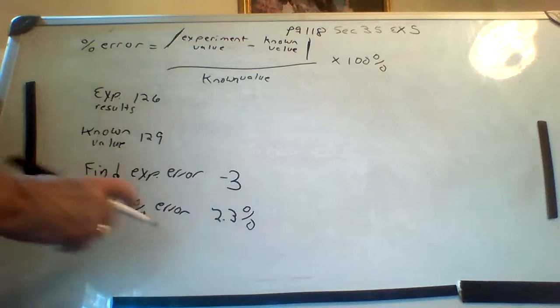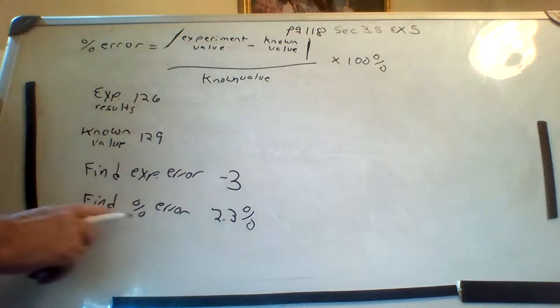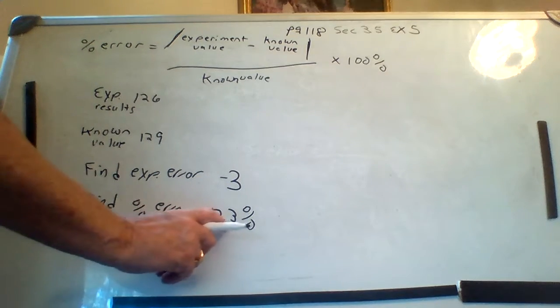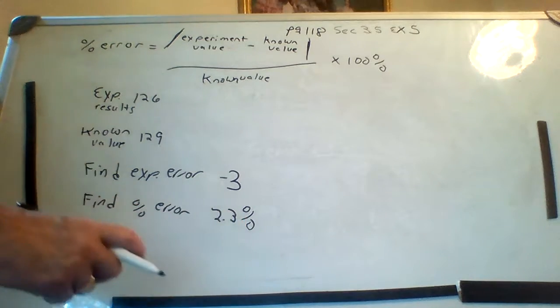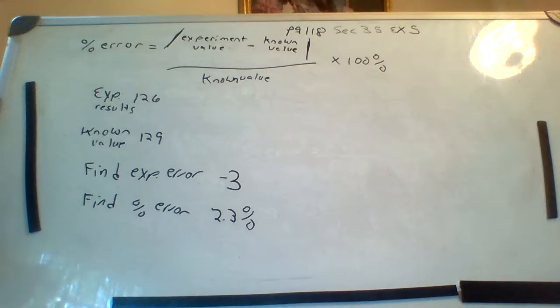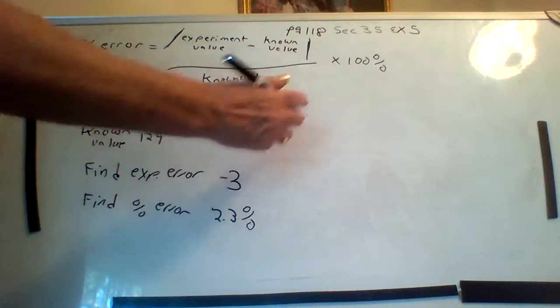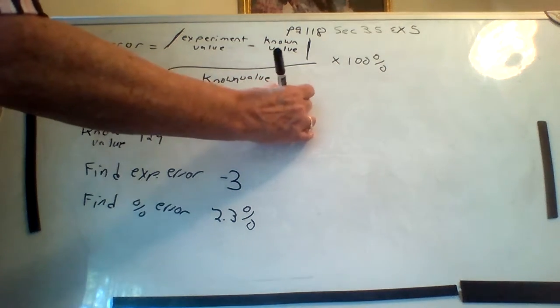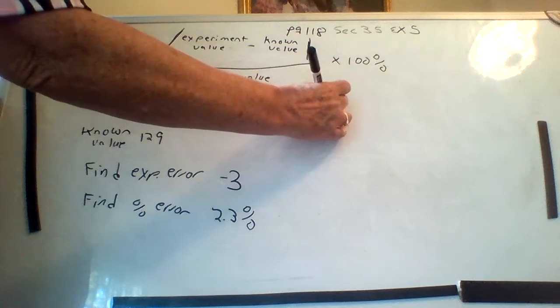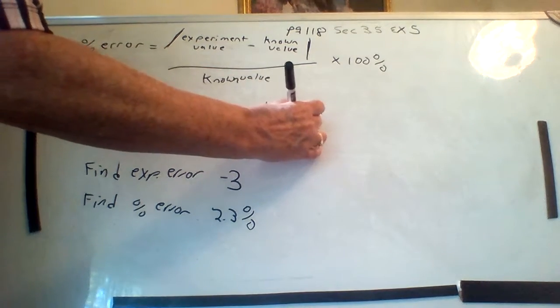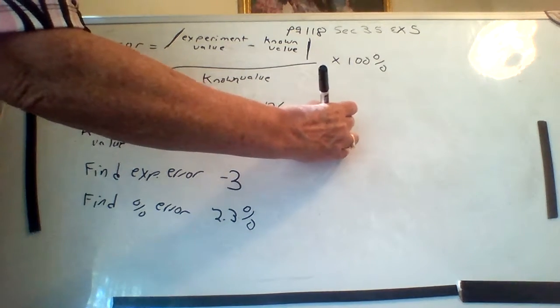All right, so if you found the experiment error was a -3, and found the percent error was 0.2%, then you did it correctly. But let's go ahead and work it in case you didn't. So the percent error, how did I find this? Well, I took 126 minus 129, and just so you know, that's the same thing as this.